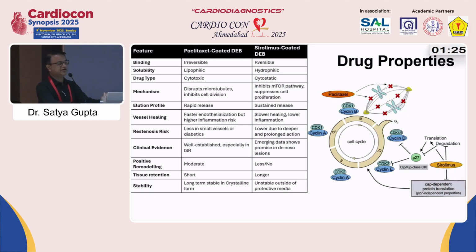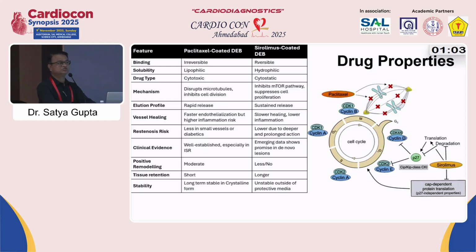So it acts right at the M phase of cell proliferation, so it significantly reduces cell proliferation, while sirolimus is just a static drug, so it does not reduce proliferation, but it reduces the increase in the size of the cells. Ultimately, sirolimus is just cytostatic, but paclitaxel is a cytotoxic drug.